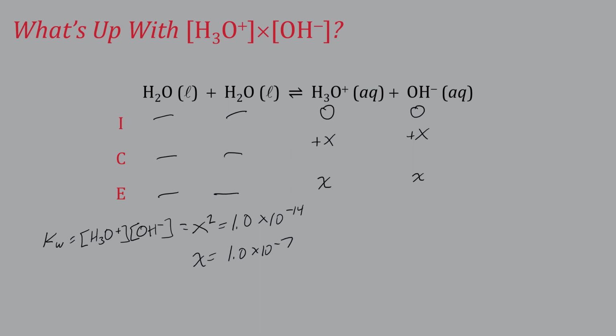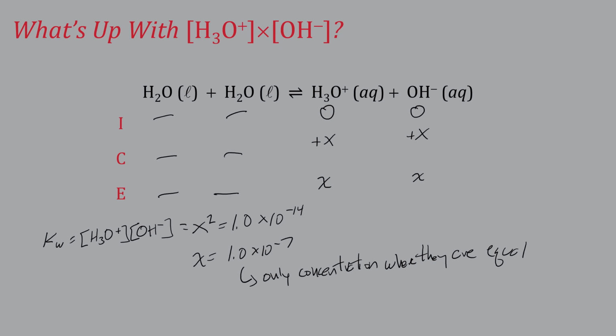So the equilibrium concentration of both of these is going to be 1 times 10 to the negative 7. A couple of things. So these are the only concentrations where those two can be equal.